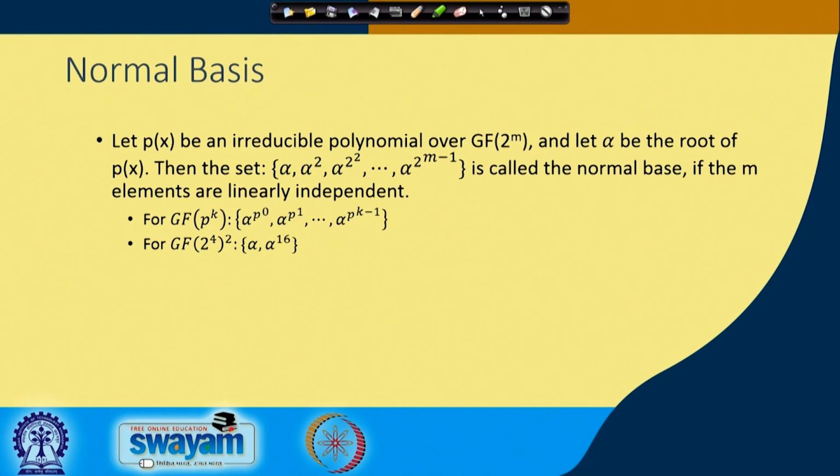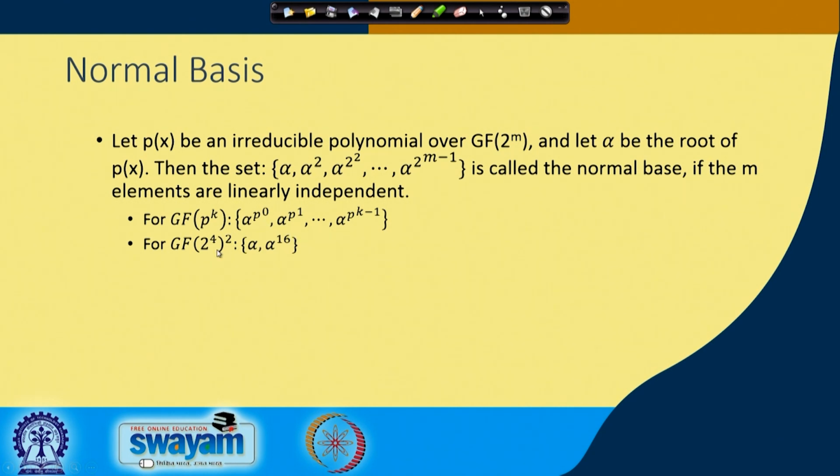That means, for GF(p^k), we can generalize it: alpha to the power of p^0, alpha to the power of p^1, so on till alpha to the power of p^(k-1). You can easily understand the relation if you plug in p equal to 2.